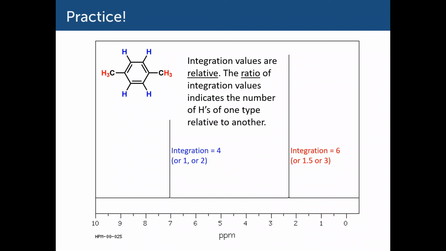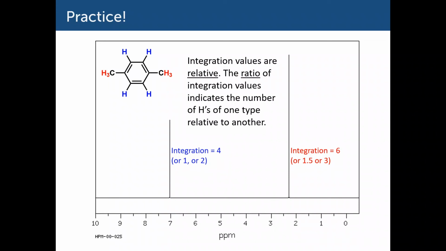We could say that we've got the equivalent of 1 aromatic hydrogen, in which case we would have 1.5 alkane hydrogens, or we could say we've got 2 aromatic hydrogens and 3 alkane hydrogens, right? So just remember that when you see integration values, they will not always actually end up being counts of hydrogens.